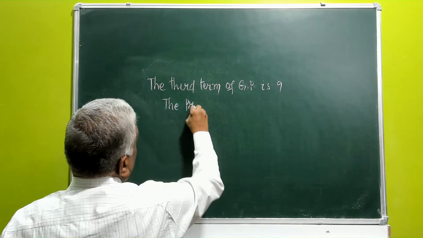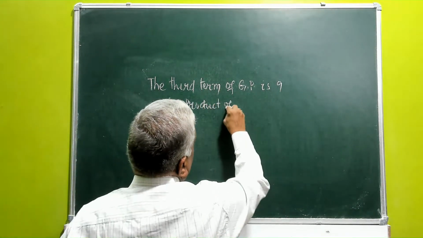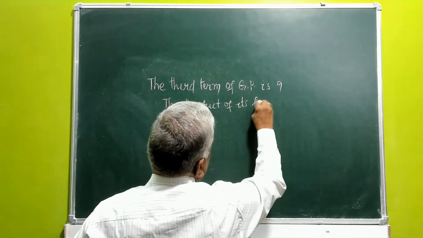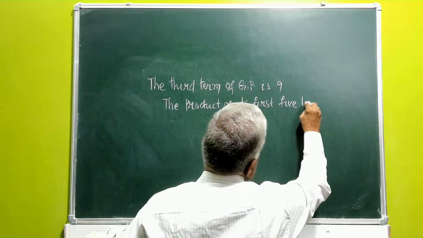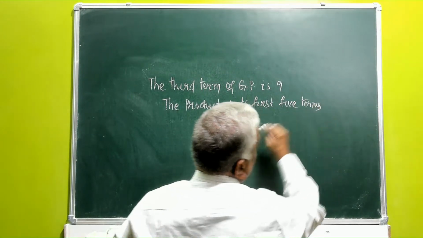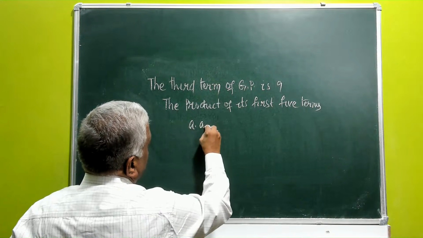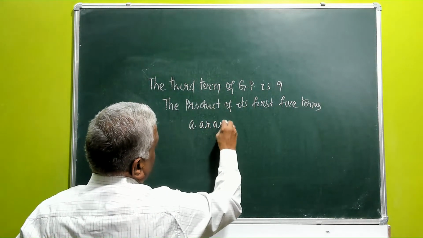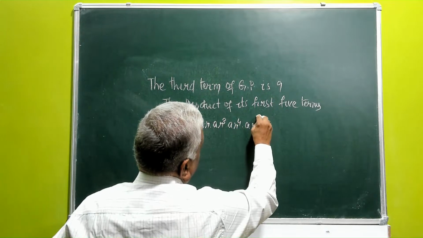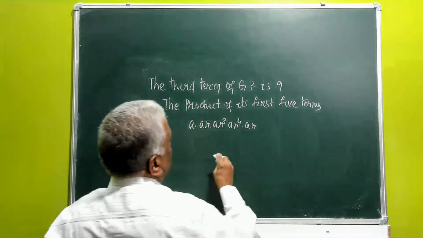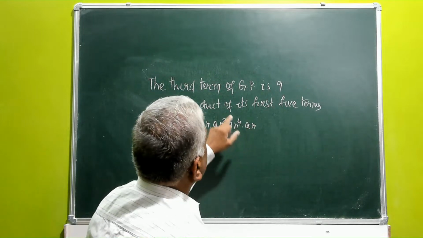It's a very interesting problem. So you have to find the product of first term into second term into third term into fourth term into fifth term.